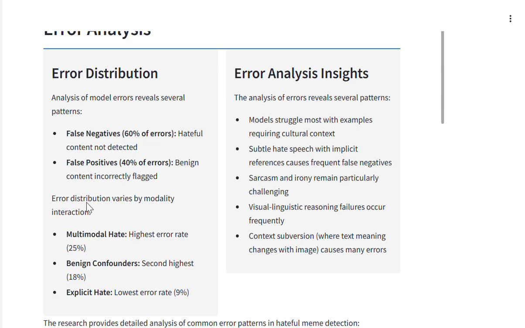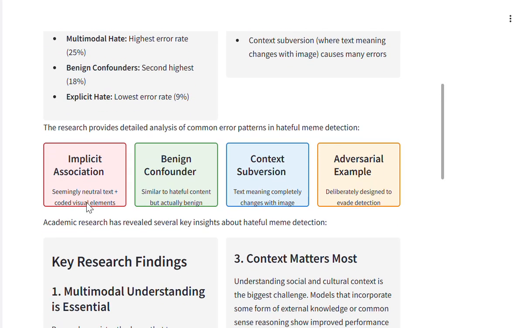This research identifies four particular challenging example types. Implicit associations between seemingly neutral text and coded visual elements. Benign confounders similar to hateful content but actually benign. Contextual subversion, where the image changes the meaning of the text.